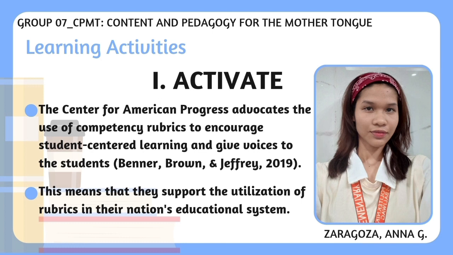For example, in a history class, a competency rubric might include criteria such as research skills, critical thinking, and communication. Each criterion would have different levels of proficiency, allowing learners to fully understand what is expected of them and providing a clear roadmap for improvement.